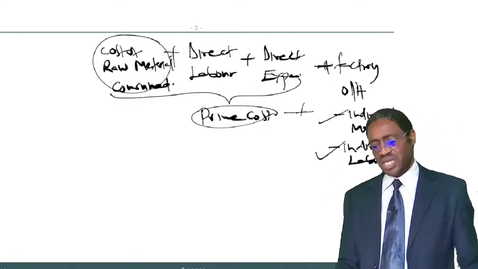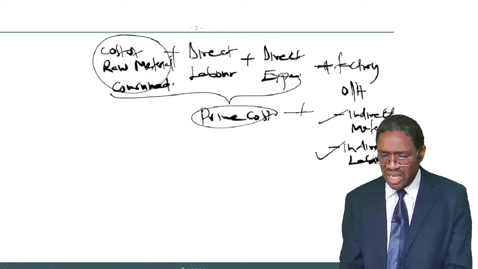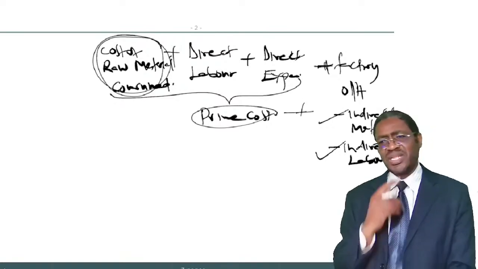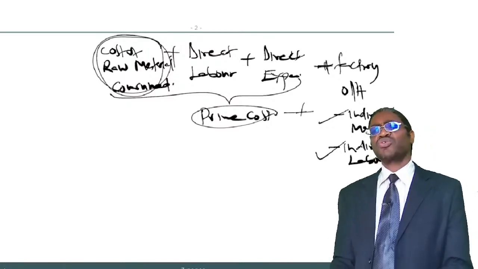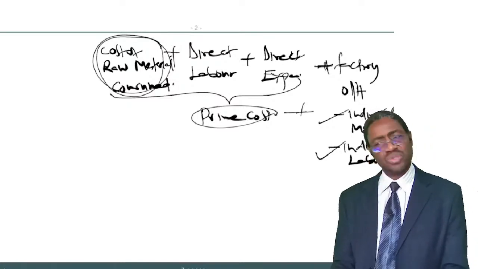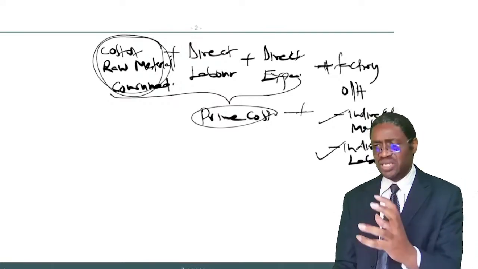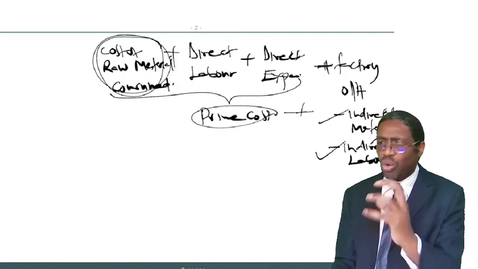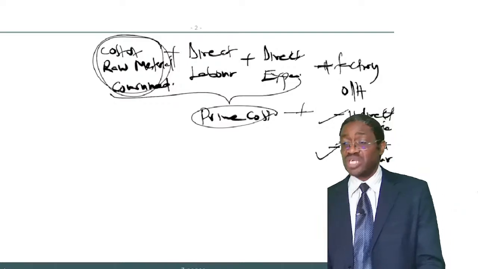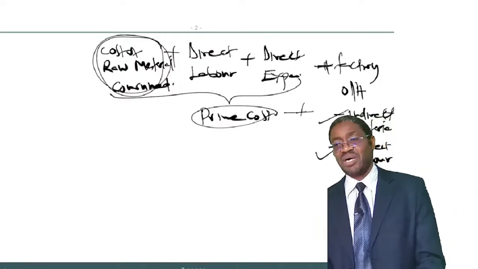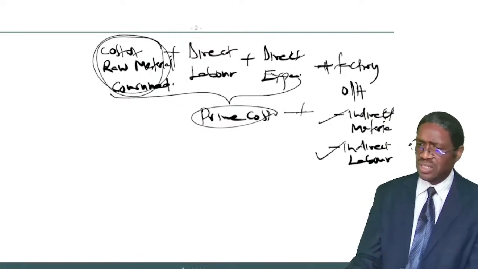Now, listen again. Normally, the examiner will not give you this amount we are calling cost of raw materials consumed. How much you spent or consumed of the direct materials, normally the examiner will not give that amount to you. So it is something that you have to calculate.